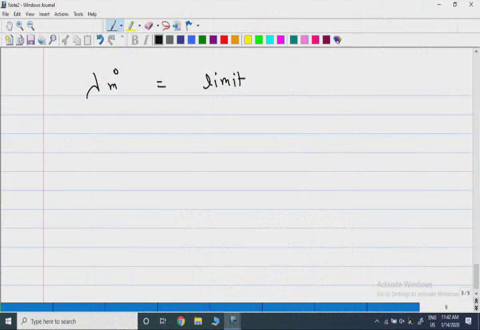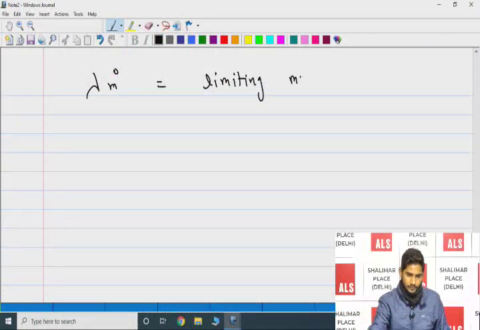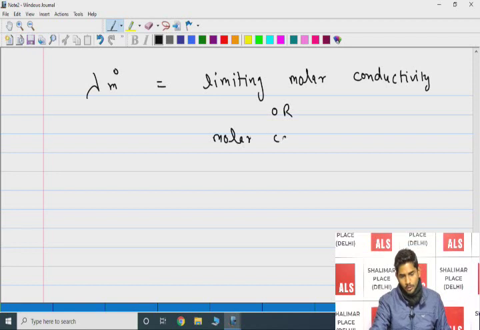Lambda m naught is limiting molar conductivity, or we can say molar conductivity at infinite dilution.